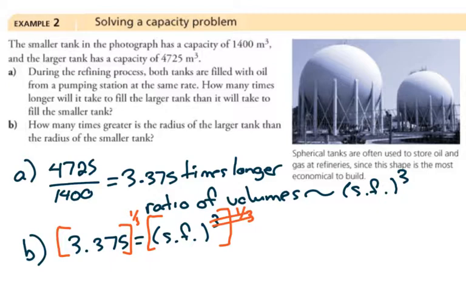Just make sure you put in your 3.375, put in your exponent button, put brackets around the 1/3, and we get that the scale factor is 1.5. So the large tank holds 3 times what the small tank does, but the radius is only 1.5 times bigger.